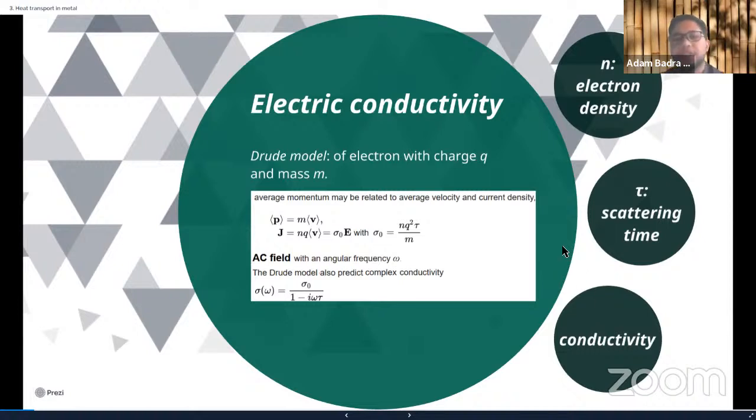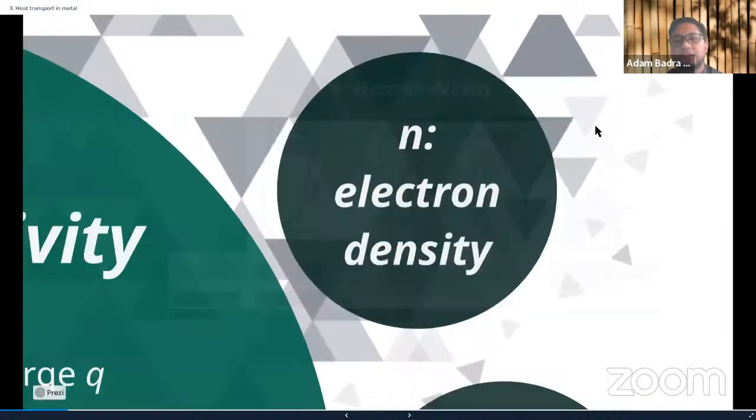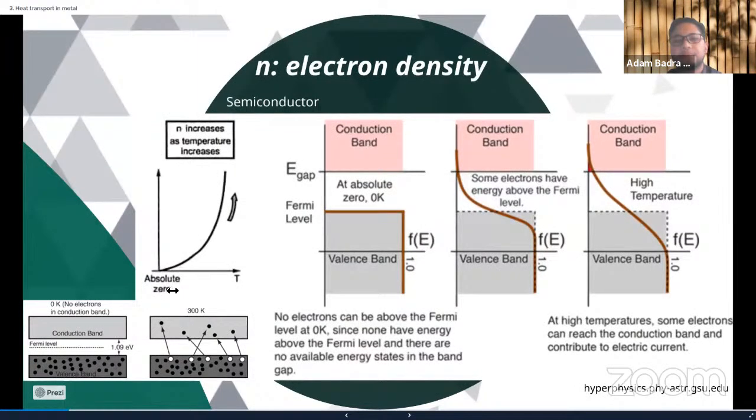And previously we studied the Fermi-Dirac distribution, and it will play an important role. The electron density will be important especially in semiconductors, because in a semiconductor there is a band gap in the possible states that can be occupied by conduction electrons.